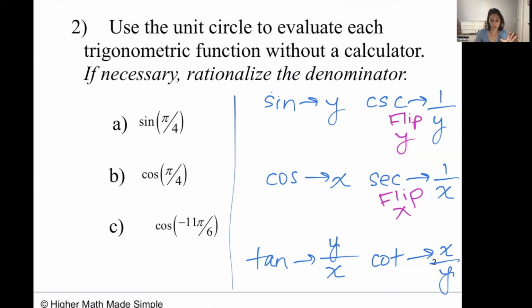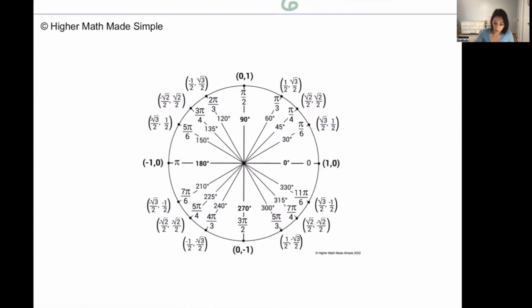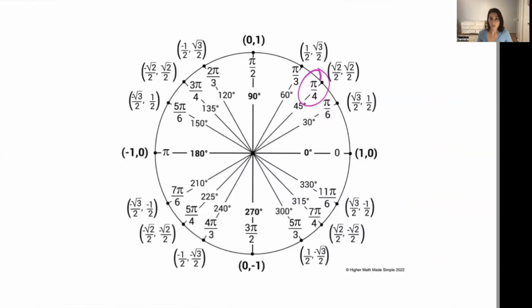So now for part A, we are asked to do sine of pi over 4. So there's two things that you should be looking at. The first thing is, well, actually, it doesn't really matter what you do first. I like to look at the radians. The pi over 4 tells us where to look. So if we look on the unit circle, the pi over 4 is right here. Let me make this a little bigger.